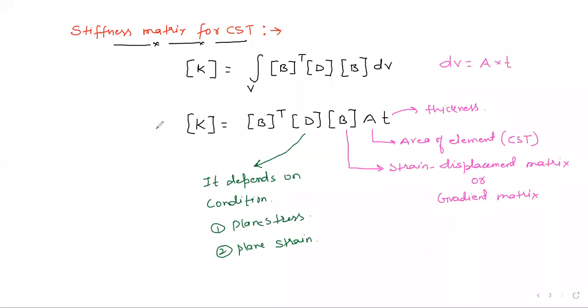So this will be the formula for finding the stiffness matrix. But if they are asking for the stiffness matrix of a CST element having a plane stress problem, then this D matrix is going to be different. If it is for the plane strain condition, then the D matrix is going to be different. So what will be that D matrix? We have already derived the D matrix, the compatibility matrix, for plane stress and plane strain conditions. So directly I will write here, first for plane stress.